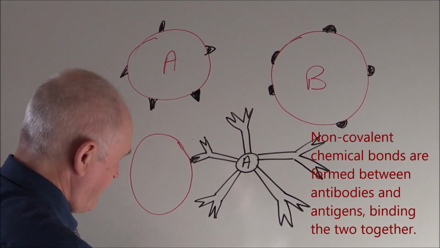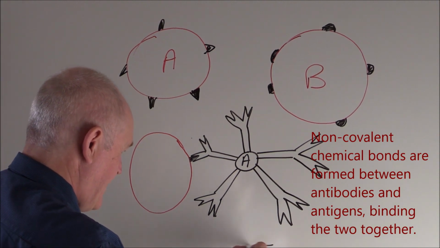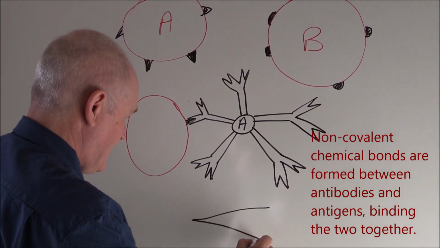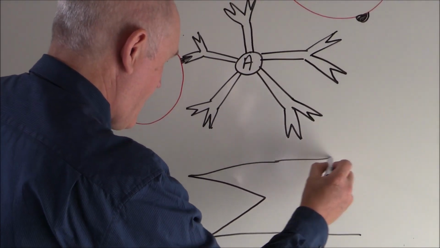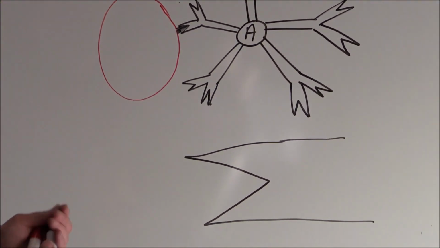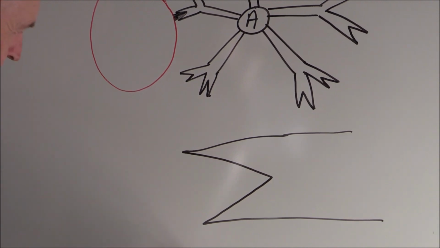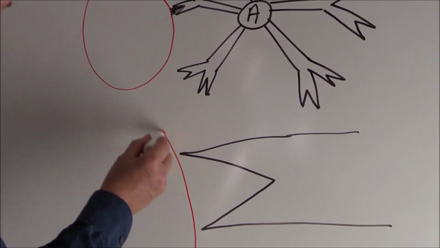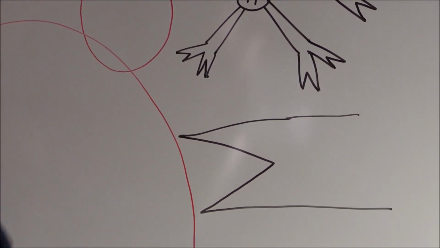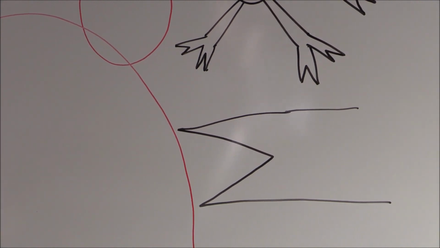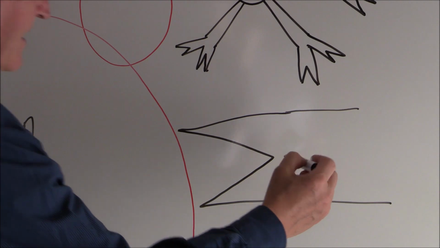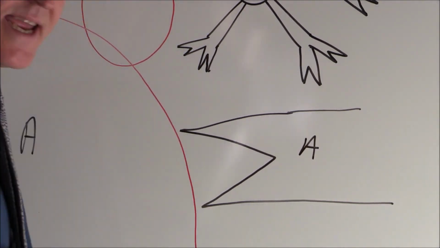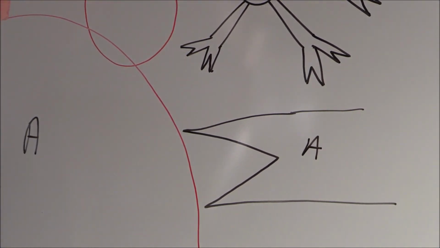So if we look at a blow-up diagram of this, here's the end of the immunoglobulin. Here is the red cell, and this is a group A red cell. This is an anti-A antibody.